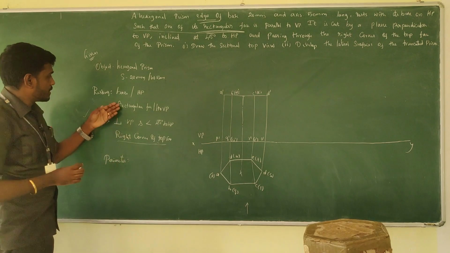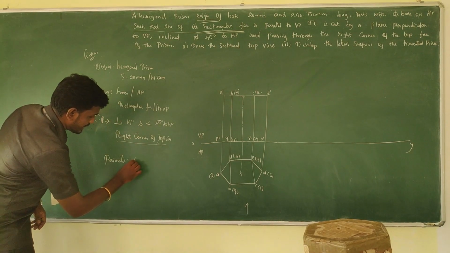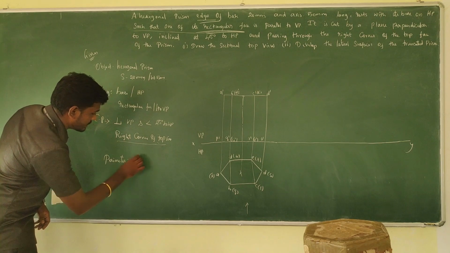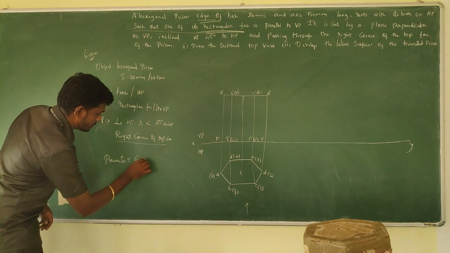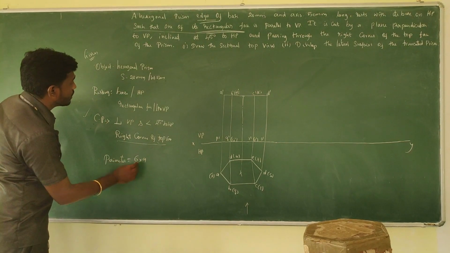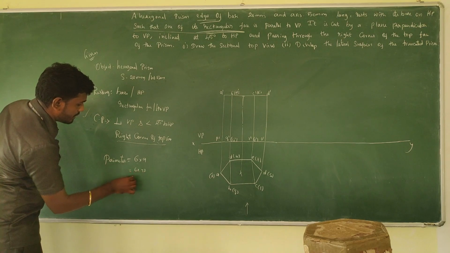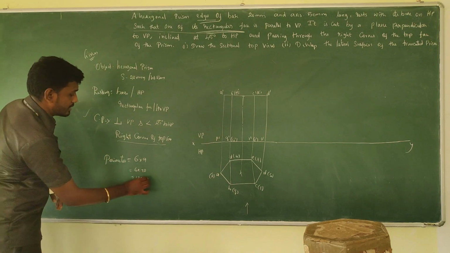What is the perimeter? For a hexagonal prism it has 6 sides, so 6 into this side, which is 20 mm. So 6 into 20 gives 120 mm length.